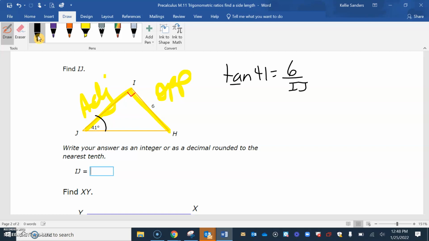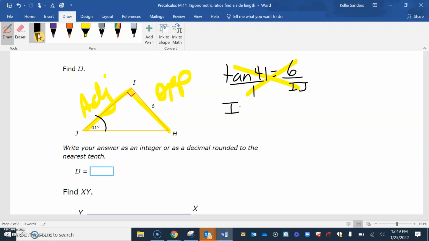And on these that I know I'm going to use the calculator for, I am not going to get the decimal for tangent 41 yet. I'm going to wait till the very end, because if you do tangent 41 now and round, and then you have to round again and again, you're going to get off on the answer. So we are going to wait until the very last minute to round.